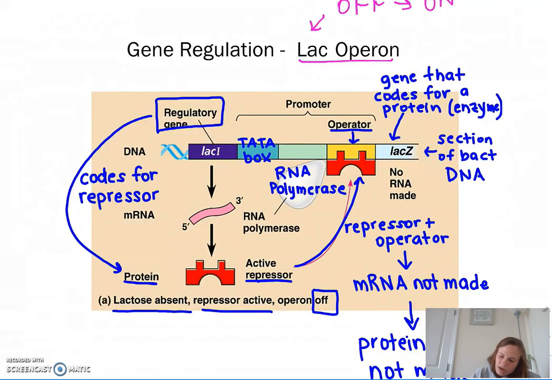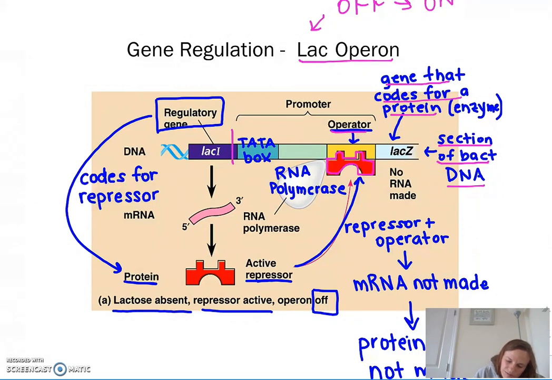So first of all, let's start out with this part, which is the section of bacterial DNA that contains a gene that codes for a protein. In particular, the protein that we're looking for are enzymes that are going to break down lactose. We've got an operator, which is where the repressor is going to bind.